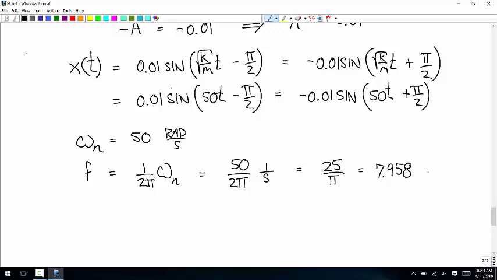And that's units of 1 over seconds or hertz. 1 over seconds is equal to hertz. Any questions about that?